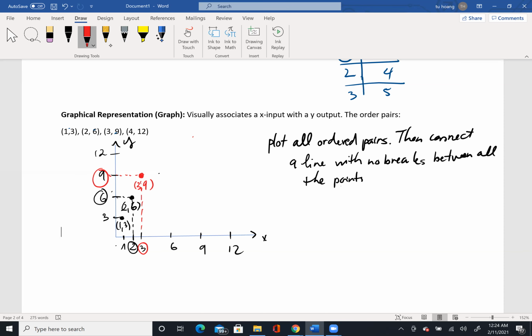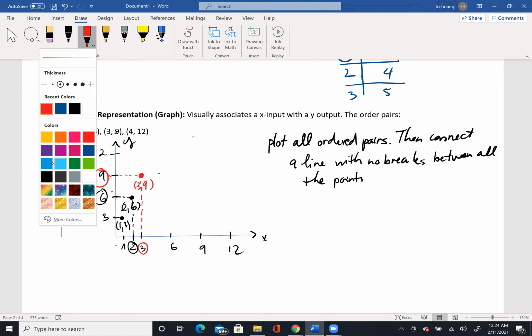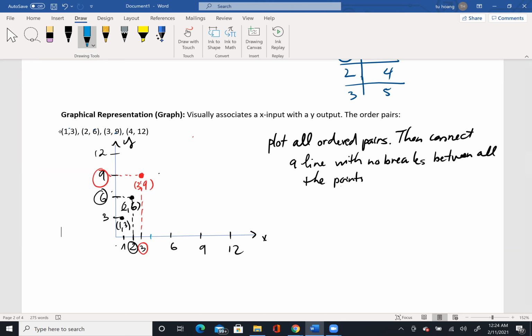All right. So lastly, I'm gonna use the blue one. Number 4 for x. So I draw a vertical line through 4, and let's go up to 12.